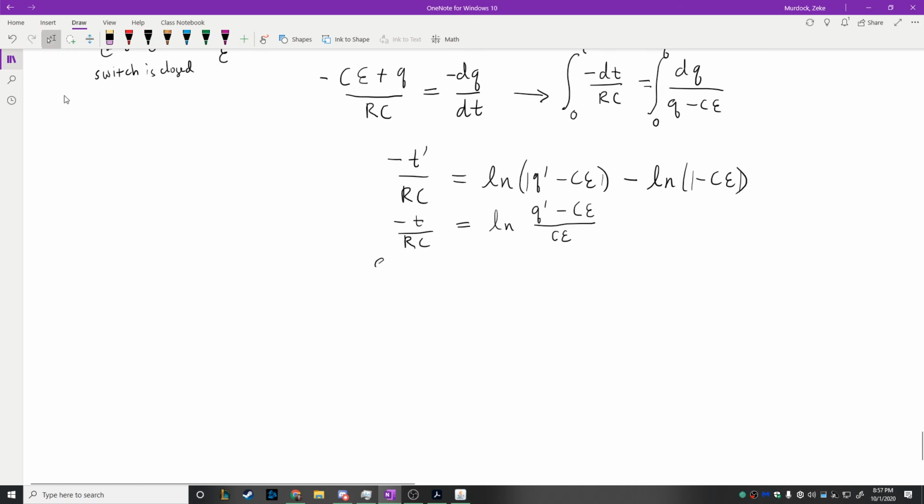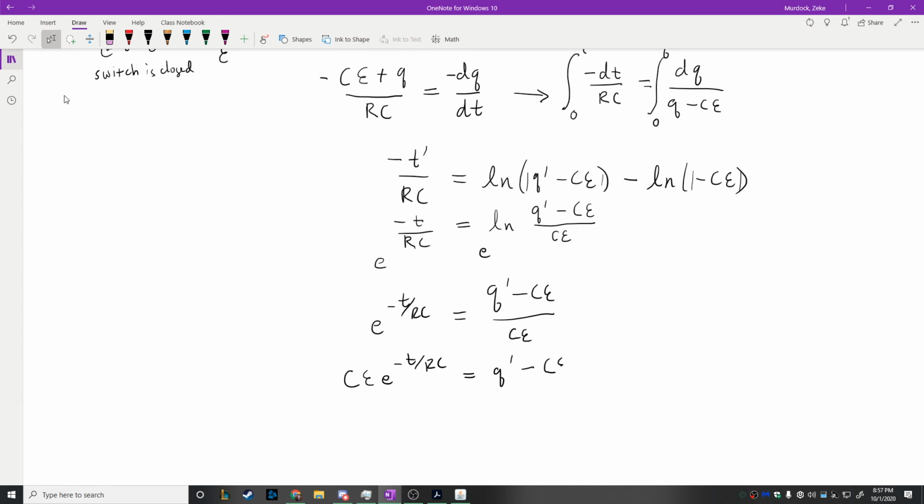Now we can raise both sides to the e power. We'll get e to the negative t over rc on the left-hand side. On the right-hand side, we're going to just get the ratio, q prime minus ce divided by ce. You multiply the ce to the left-hand side, you get ce e to the negative t over rc is equal to q prime minus ce.